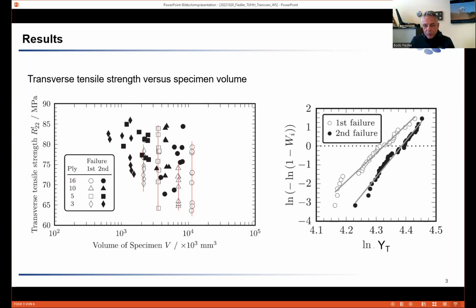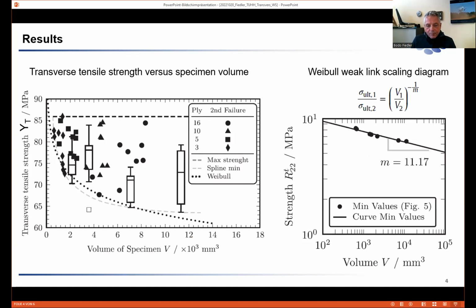Then we used this data and made the fit. These were the standard specimens, where we see the box plots, just varying the thickness. And then we took the minimum values we got and made from these the Weibull values plotted here in the log-log plot.